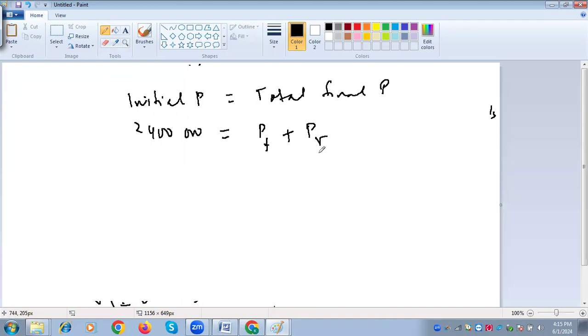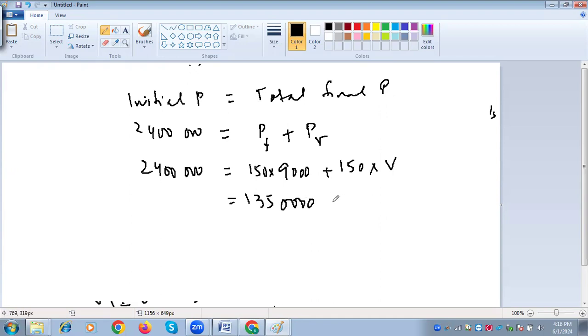They are asking to calculate the velocity of the rear part. 2,400,000 is equal to 150 into 9,000 plus 150 into V. What does the momentum of this come to? 150 into 9,000 is equal to 135 and 4 zeros, plus 150 V of the rear part.